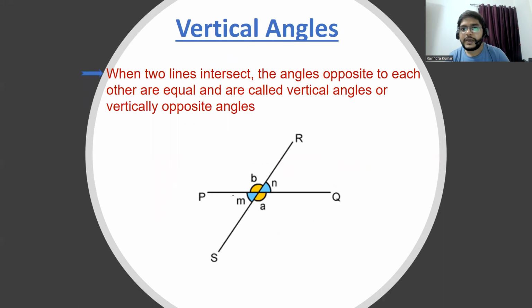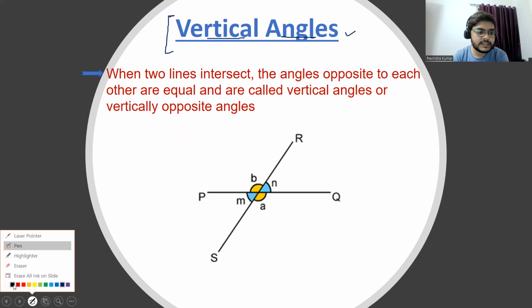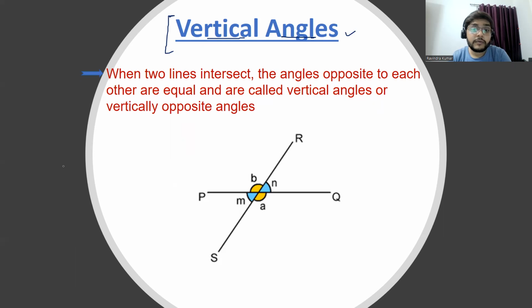The next one is very important and it is often used in solving questions. Very complex questions are solved using this property. It is vertical angles. Vertical angles form when two lines intersect.